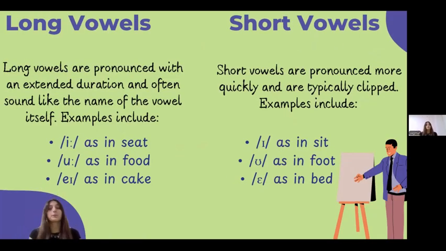Long vowels are pronounced with an extended duration and often sound like the name of the vowel itself. We can say seed, food, and cake. Short vowels, otherwise, are pronounced more quickly and are typically clipped: sit, foot, and bed.